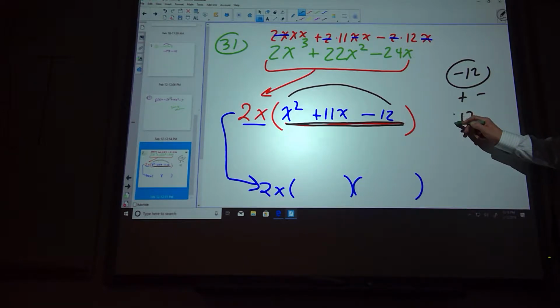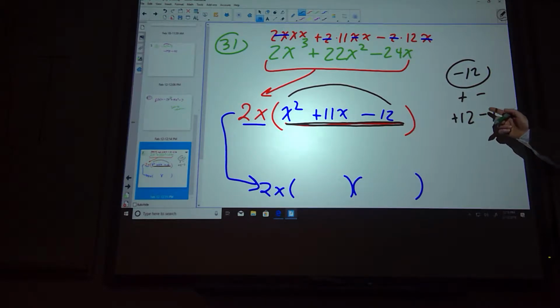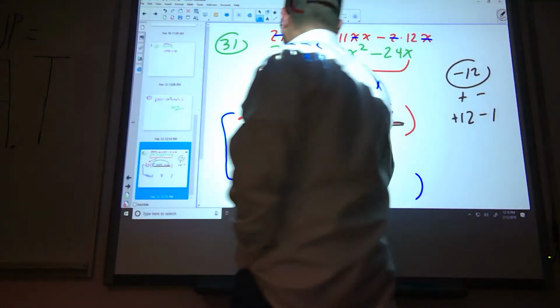So positive 12 and negative 1. 12 times negative 1 is negative 12. Positive 12 minus 1 is 11. So then we're just factoring this.